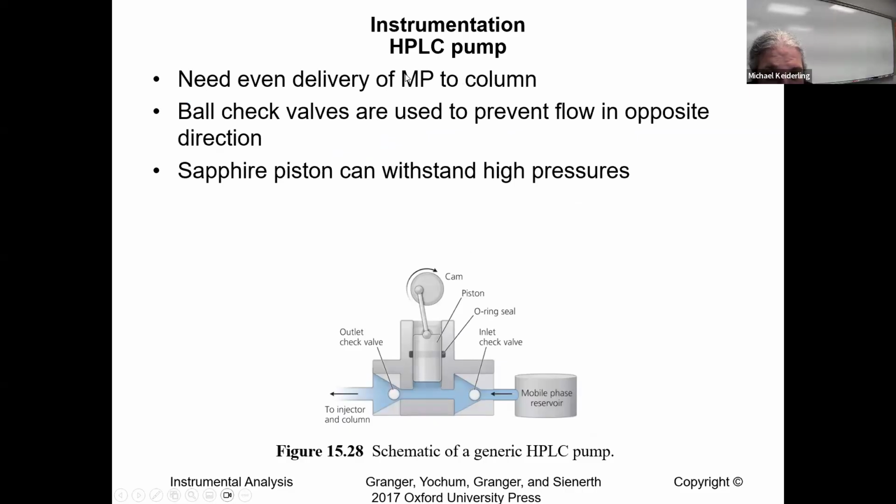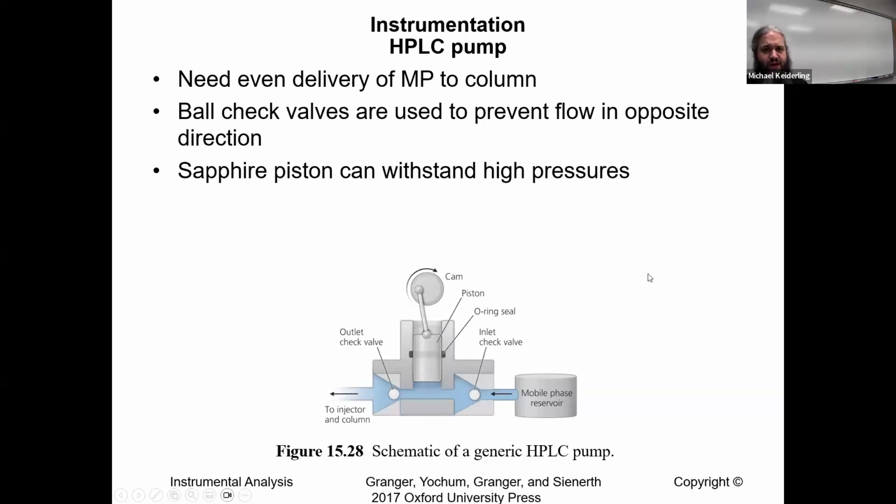You need a very even delivery of mobile phase to the column. So this is a pump for a high performance liquid chromatography. You use ball check valves to prevent flow in reverse, and a sapphire piston that withstands high pressures.